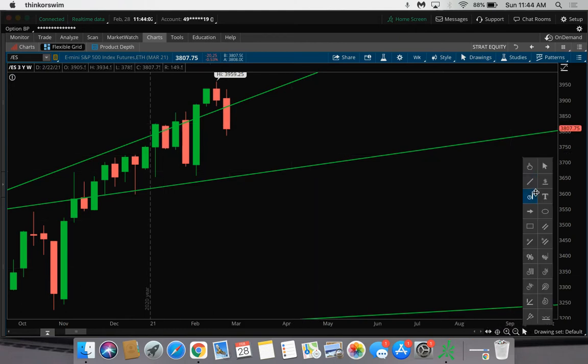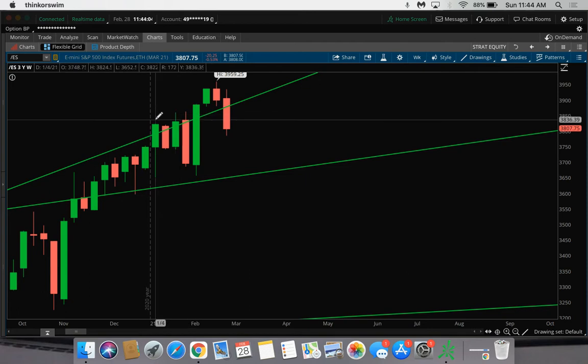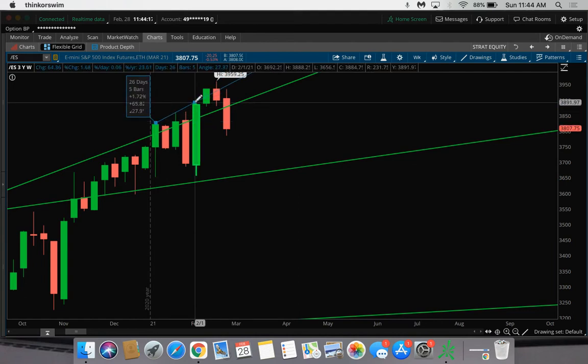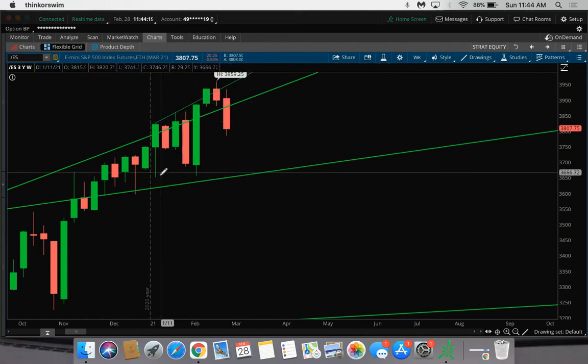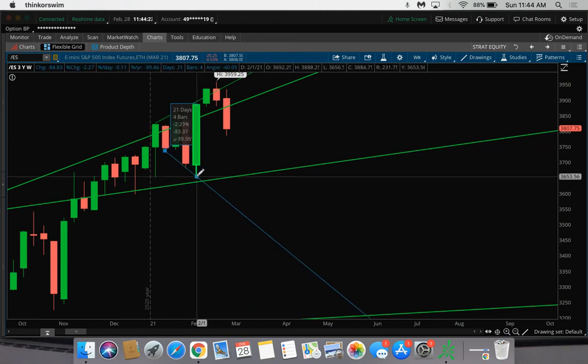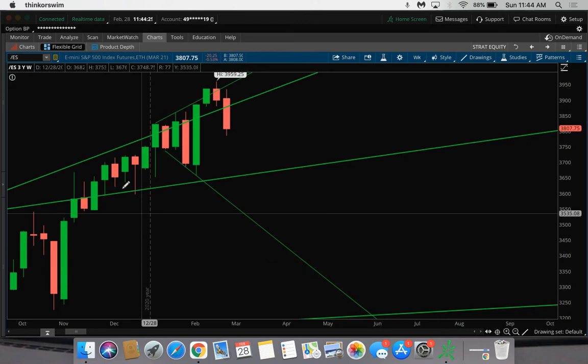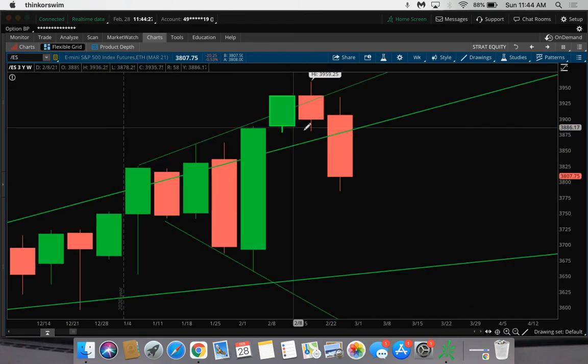We do. Let's go ahead and draw that right here. There's a high and a higher high right there. And you can say that that's a low to a lower low, right about there. Okay. So now we have this broadening formation here on the weekly.